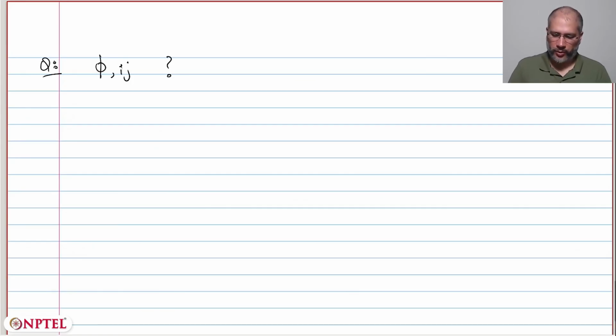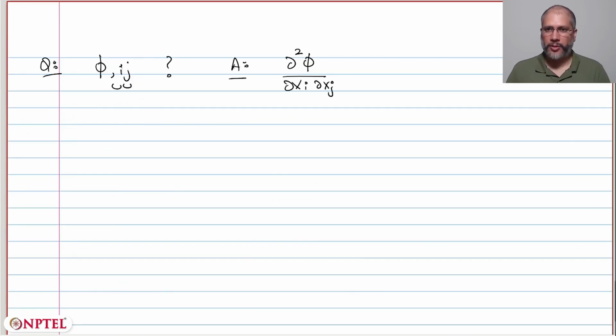Well, this expands to del 2 phi because you have two indices after the comma, so that means it's a second order derivative upon del xi del xj. So this is the second order derivative of the scalar phi. And what is the order of this? Well, the order is 2 because you have two free indices. So this is a second order tensor.